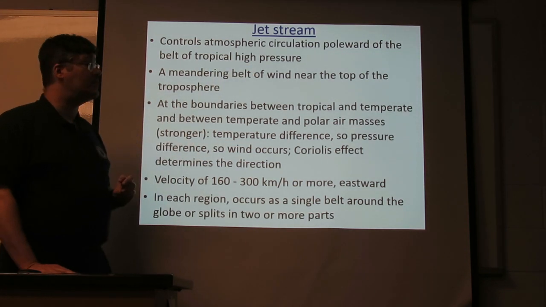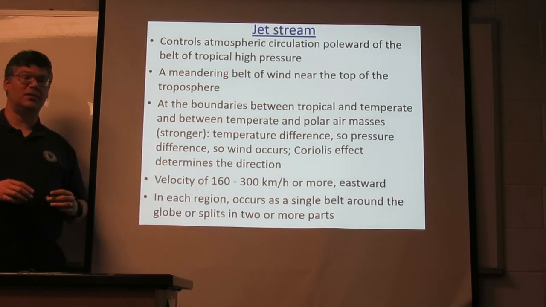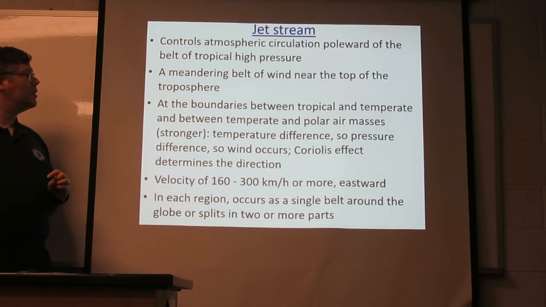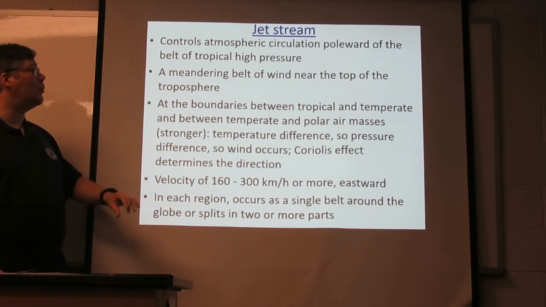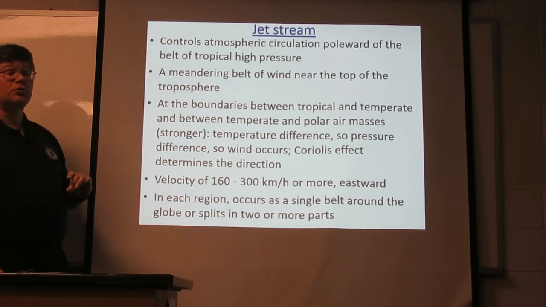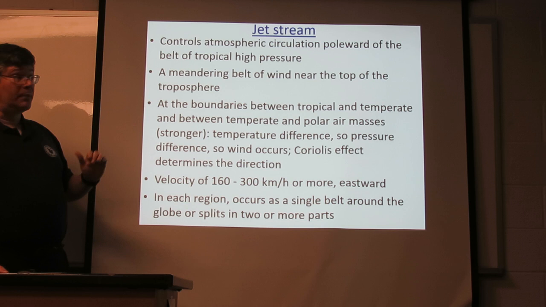And so along those boundaries, with the different major masses, not the little air masses that we tend to get above, well, big compared to us, but not as global scale, we get the jet stream along the boundaries between these. So this is a strong wind up around the top of the troposphere.